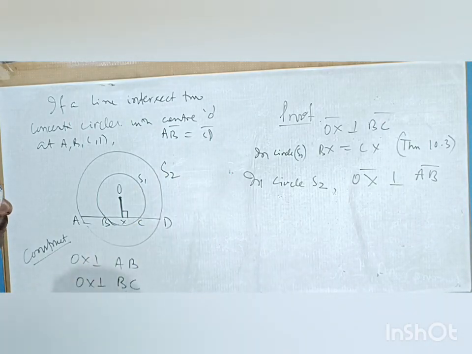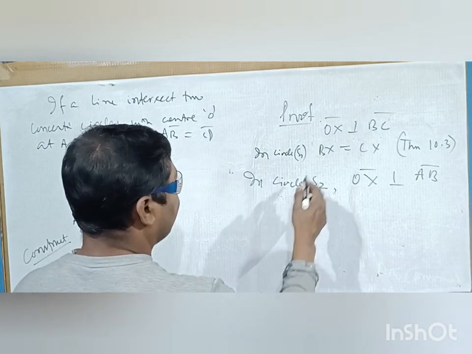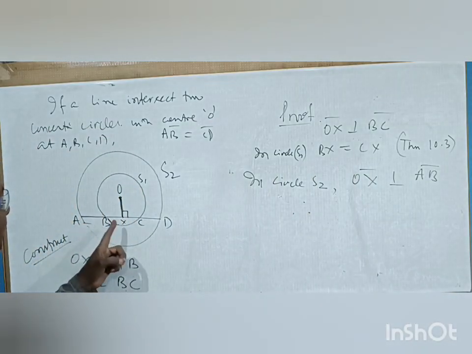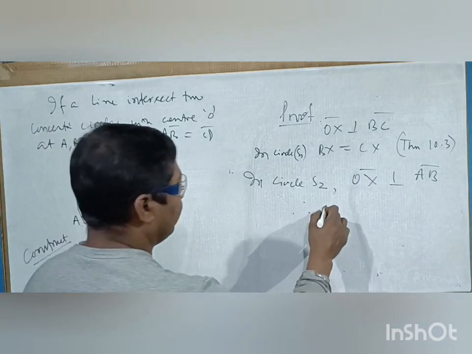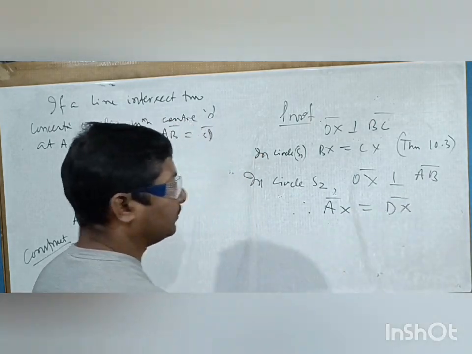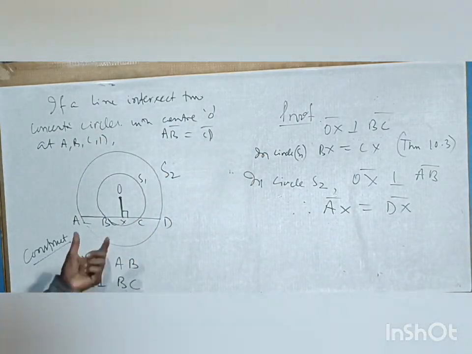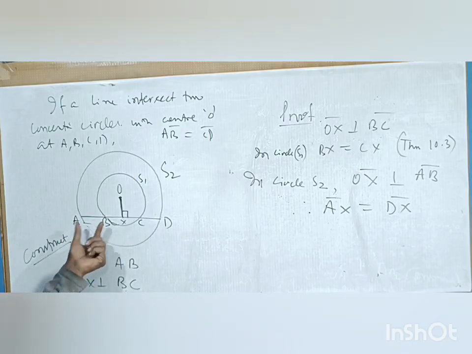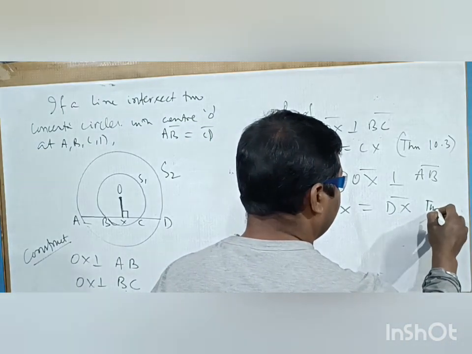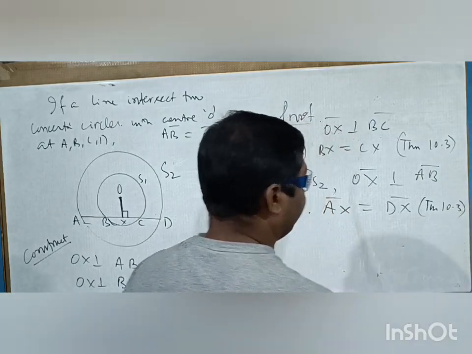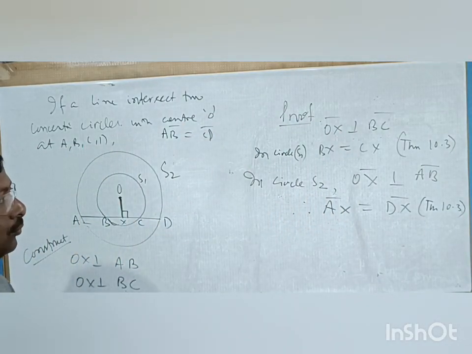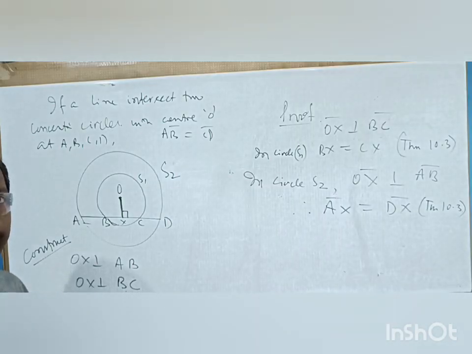Hence according to theorem 10.3, AX equal to DX. Could you follow up to this clearly?